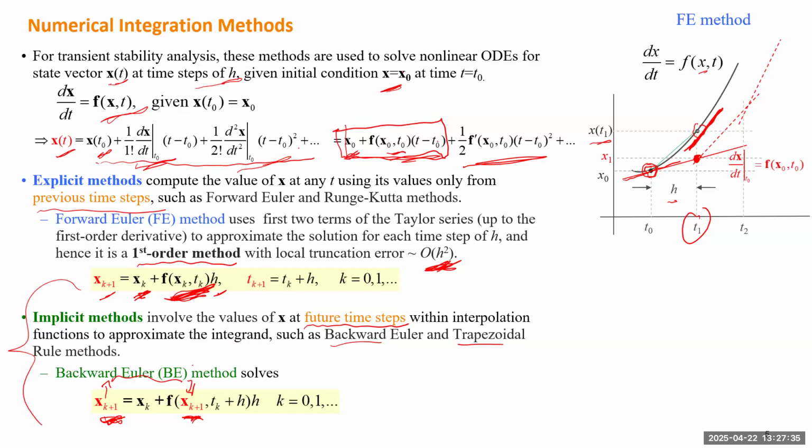For backward Euler method, it's going to draw this line because it takes the tangent line at the ending point, and that gives you this solution.